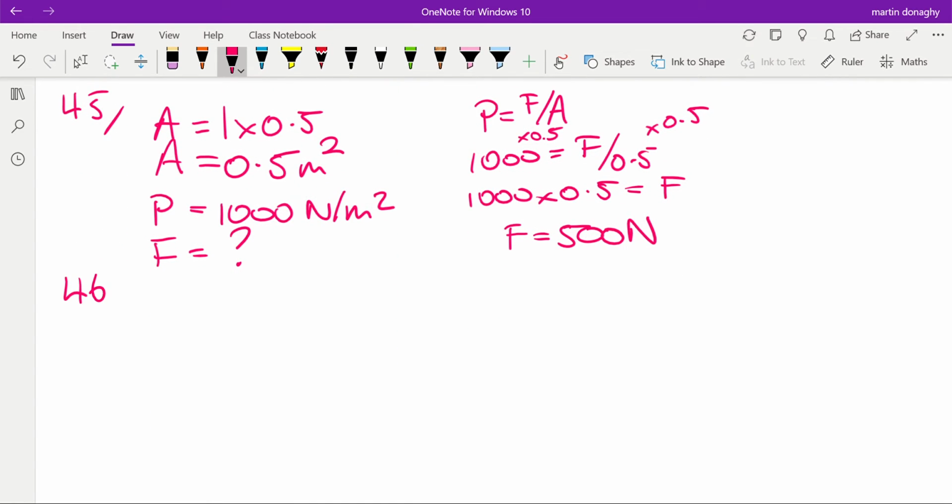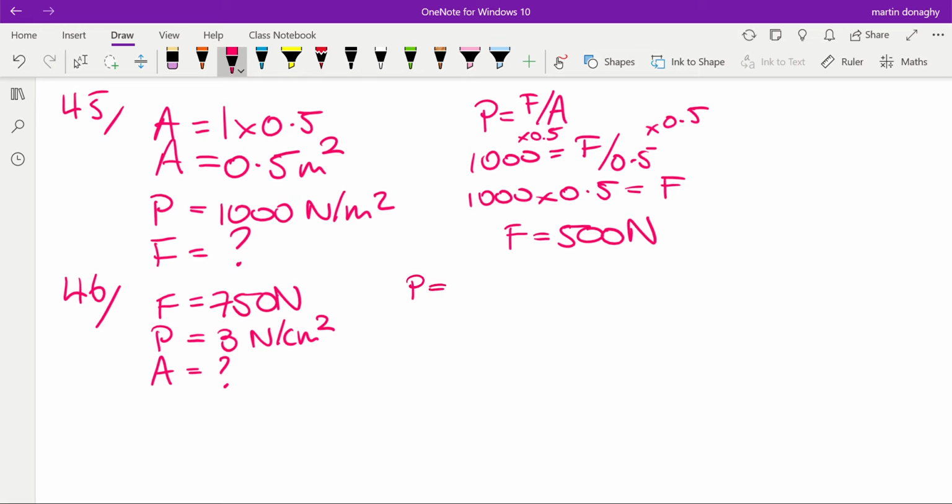Question 46. Jim has a weight of 750 newtons. When standing on 1 foot, he exerts a pressure of 3 newtons per centimeter squared. Calculate the area. So we're trying to find A. So P equals F divided by A. This is a little bit more complicated.